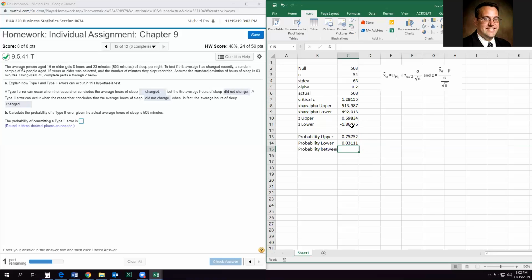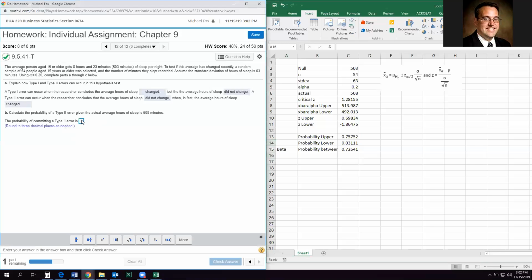And the probability between will just be the probability of the upper minus the probability of the lower. There we go. And that is our beta, or our type 2 error. So 0.7264, no, 3 decimals, 0.726.